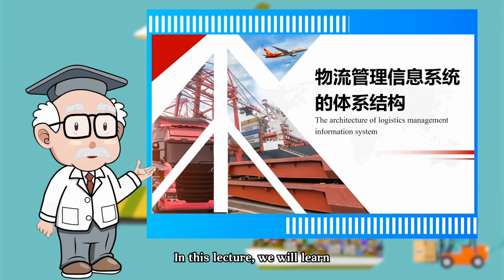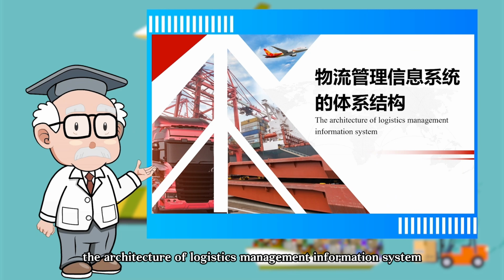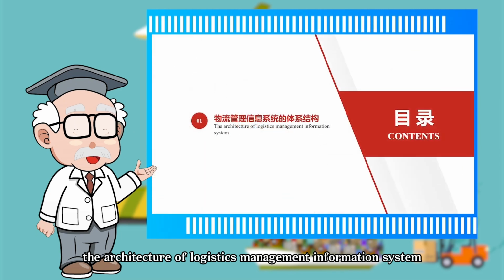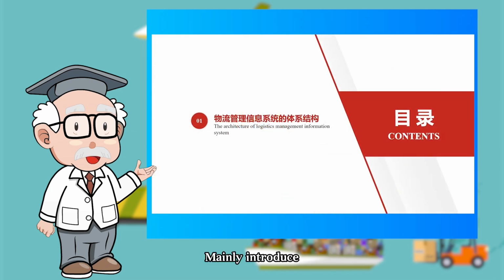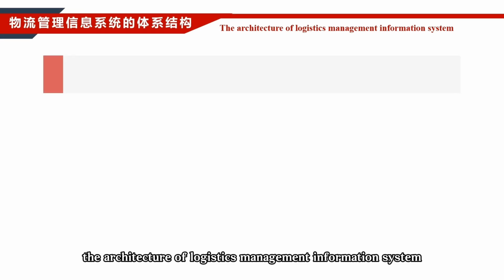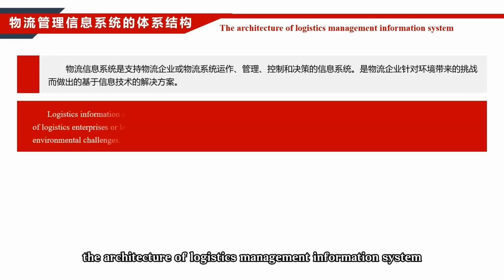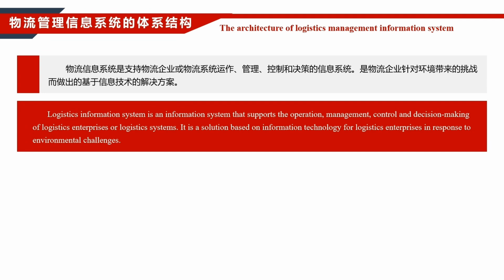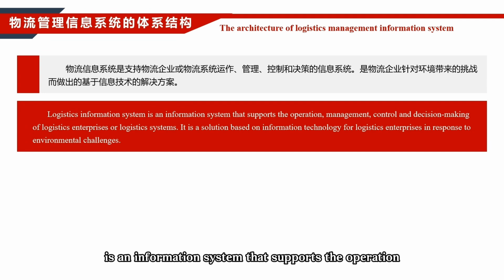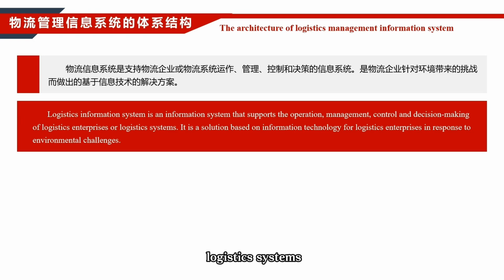In this lecture, we will learn the architecture of Logistics Management Information System. Logistics Information System is an information system that supports the operation, management, control, and decision-making of logistics enterprises or logistics systems.